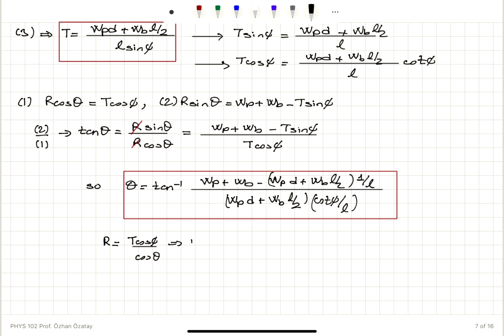So this gives us for r, t cosine phi was WP D plus WB L over 2, and then we have cotangent phi divided by L. Now I also have cosine theta here, so L cosine theta. So for theta, I have to substitute this result. With that, I can obtain R.